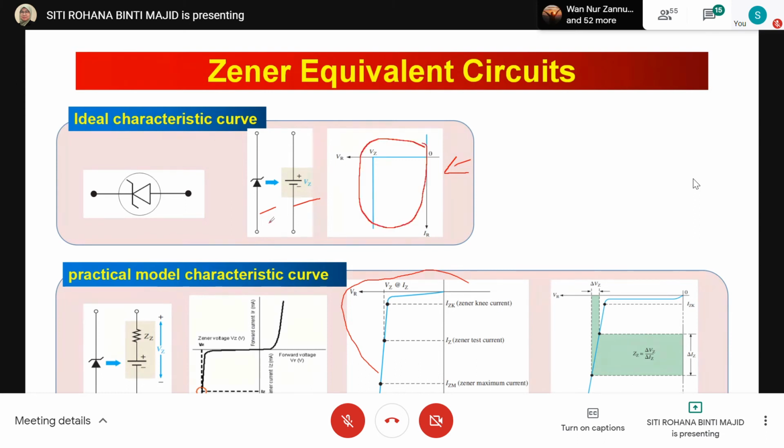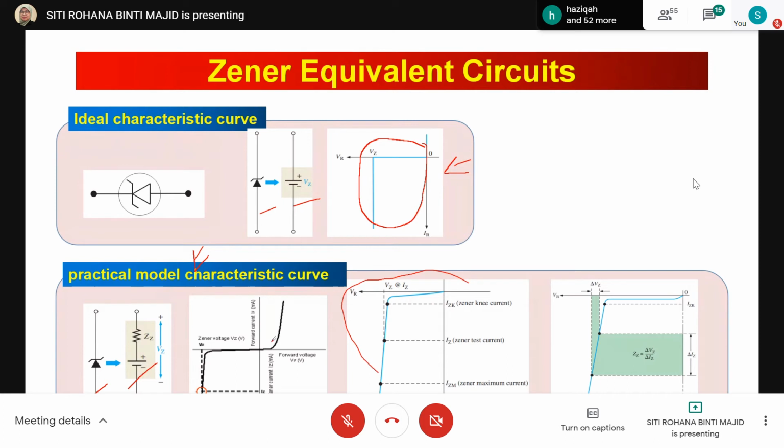But I think we should discuss more the practical model characteristic curve, as shown in this diagram, in which the symbol of the Zener diode is the same, but the Zener diode is attached to the power supply, and then we will have VZ. Okay, so come back to the IV characteristic curve.